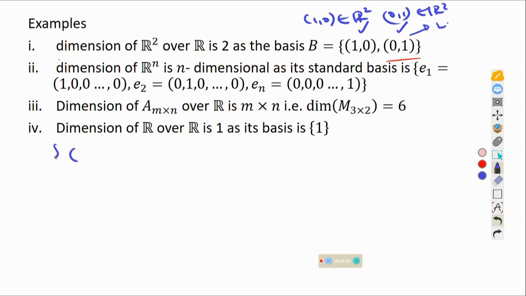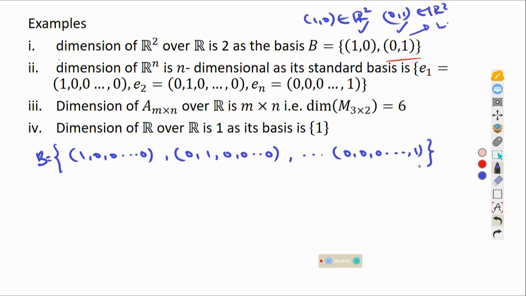You can have the basis having (1, 0, 0, ..., 0) with n terms, then the next one will be (0, 1, 0, 0, ..., 0). The trend continues up to the last term, (0, 0, 0, ..., 1). These elements will surely satisfy the conditions for the basis.